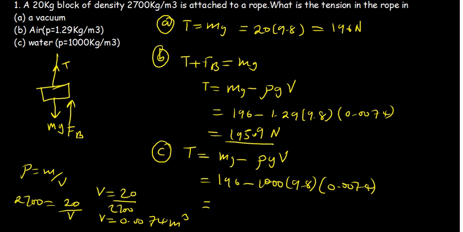So 0.0074 multiplied by 9.8 multiplied by 1000. That answer we get, we're going to remove from 196. That is going to give us 123.4, that will be 41 newtons. So that is going to be it. We see that the weight of the object appears to be much less in water.